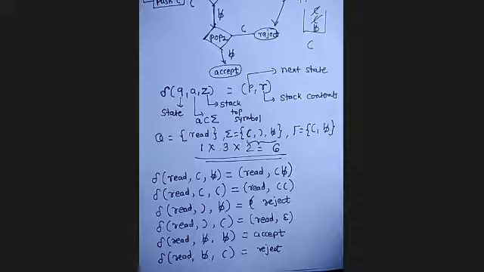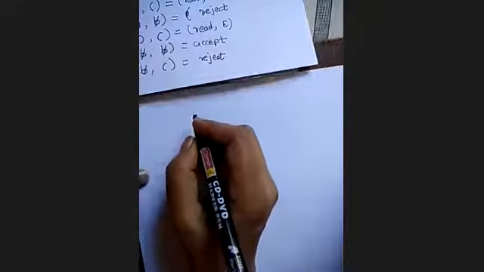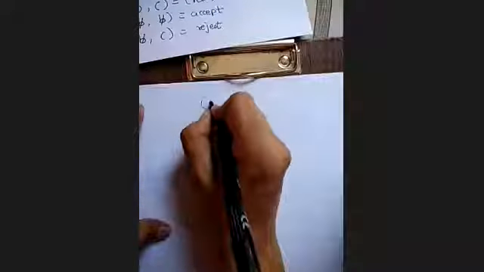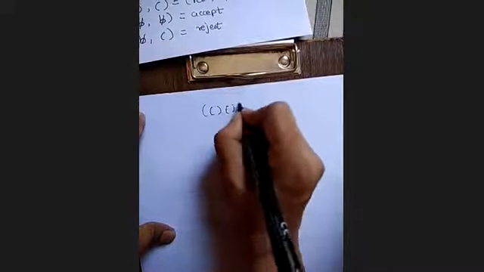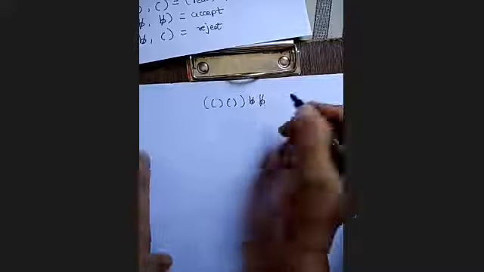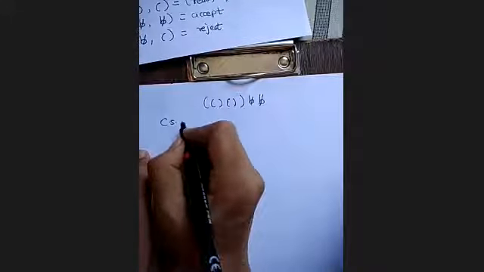Okay, so now find the simulation for this example. Simulate it using the two ways we have seen. Let the first way, simulate first. Consider the input string, let us consider one that is accepted. So make it, and tell me fast now, because I have to finish this.